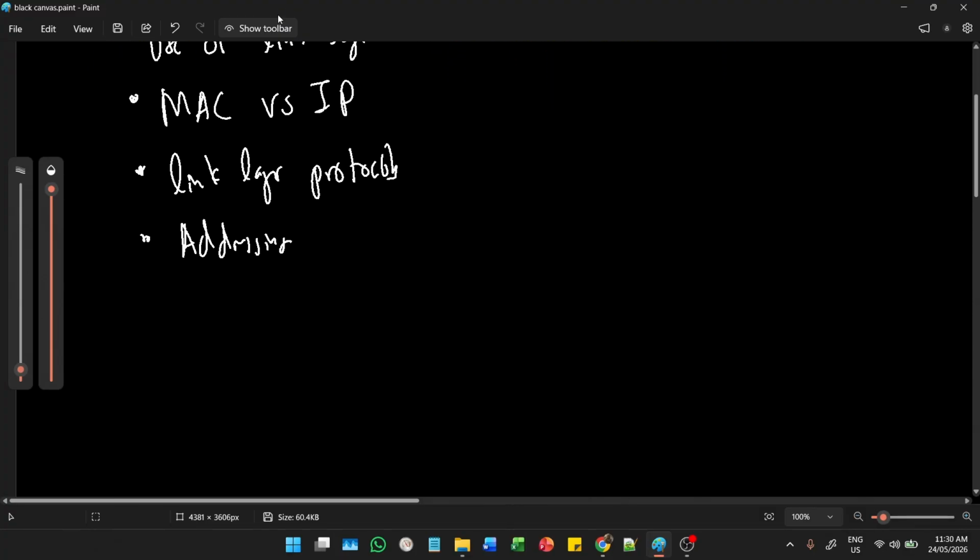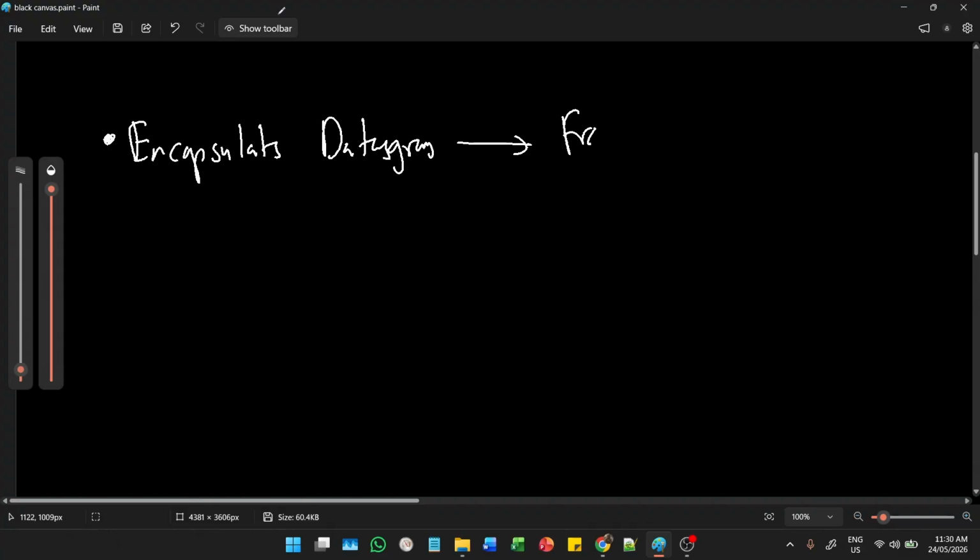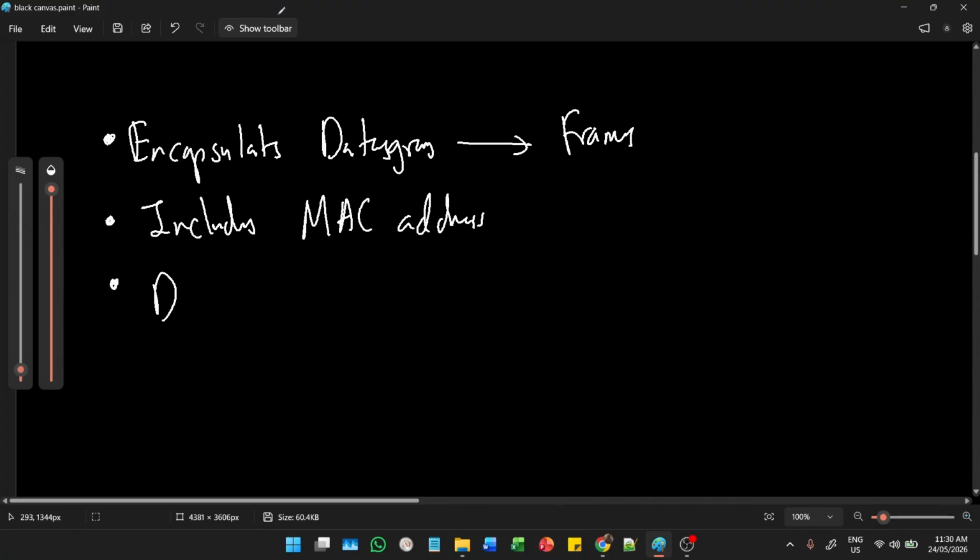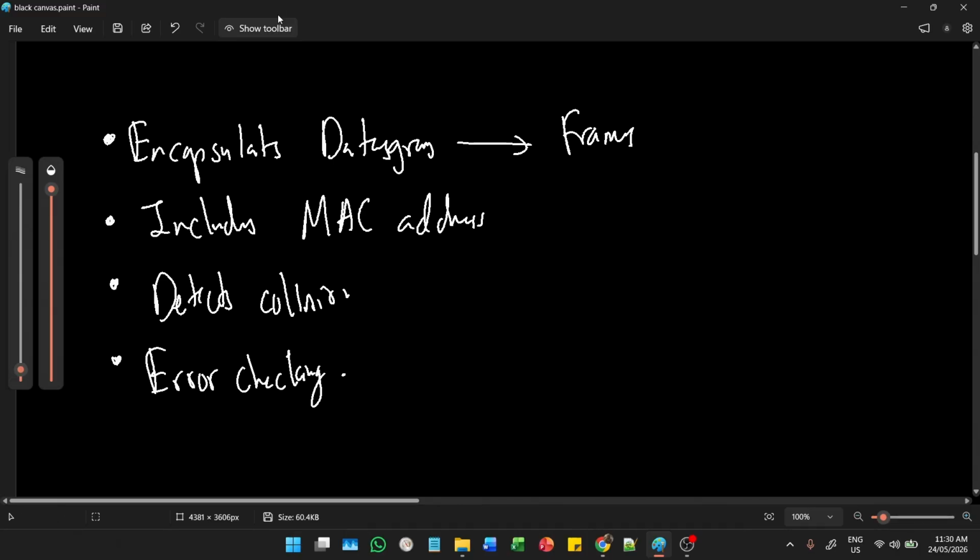So let's begin by talking about what is the use of the link layer. Well, it obviously encapsulates datagrams into frames, and then it includes the MAC address of the device, and then it is used for detecting collisions, and it does something known as error checking, right?